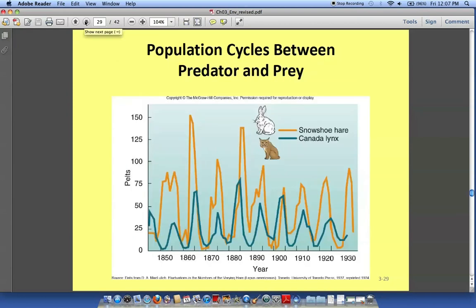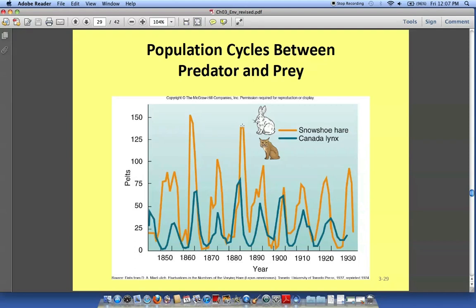Then an overpopulation again. It's severe. A way to handle that is to bring in a predator. When the prey have a good reproductive year and their population goes up, then you'll see an increase in the predator population. And then the predators eat the prey, and eventually it levels out.